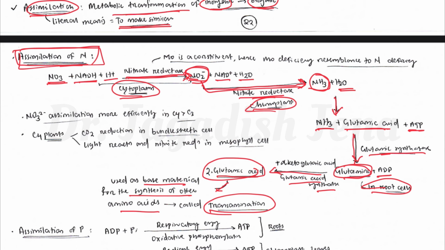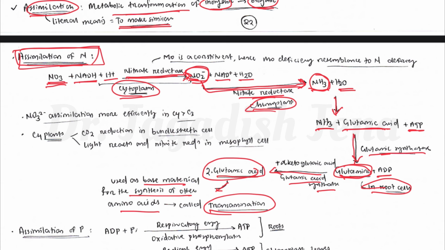Okay, so this is how nitrogen is assimilated in the plant. First, nitrate is converted to nitrite, nitrite to ammonia, ammonia to glutamine, then glutamine to 2 glutamic acid, which is used in the transamination process to form different amino acids.